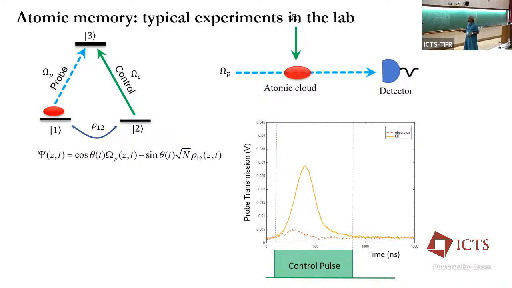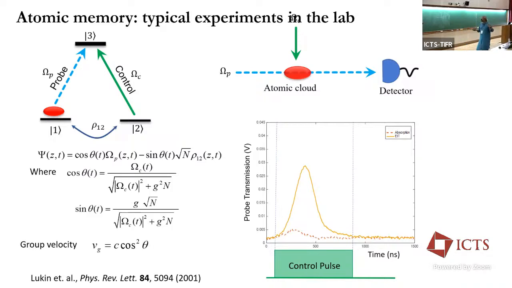And this kind of total state, which is neither an atom nor an optical field, but a coherent superposition, a combination of the two, is usually called a polariton. Also in condensed matter physics, here we call it a dark state polariton because of the dark state physics. The interesting thing is that these coefficients you can control in the lab. Like cosine theta, you can ramp up to 1 or 0 depending on the strength of your field, and similarly for this other coefficient.